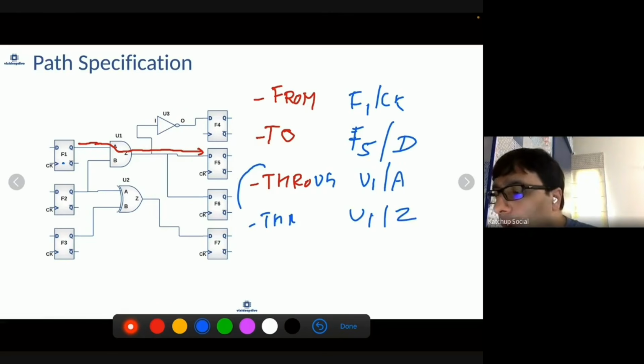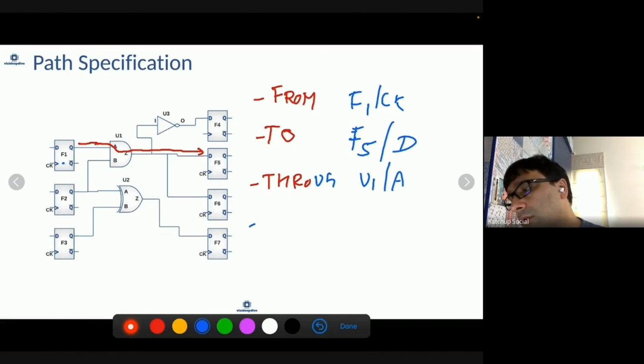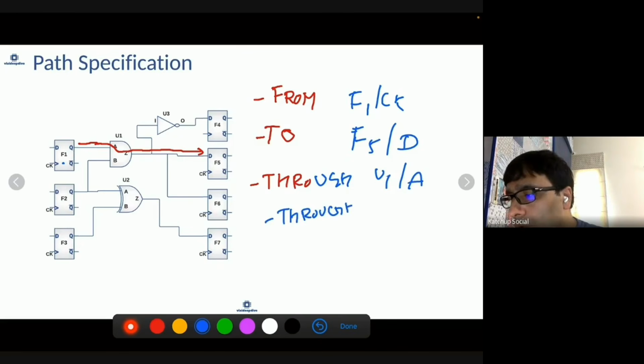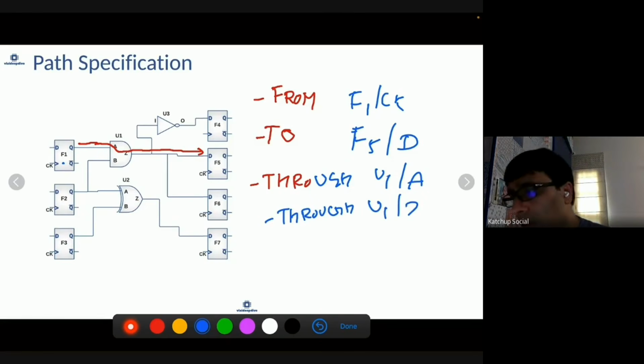The through options are ordered. What is the meaning of that? If you use through U1A and then through U1Z, that means the path has to first go through U1A and then U1Z. So it goes through U1A and then goes to U1Z.